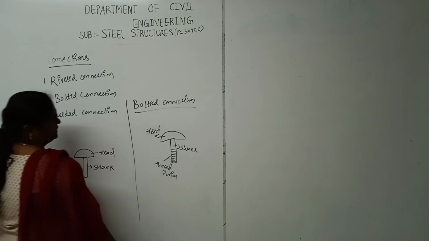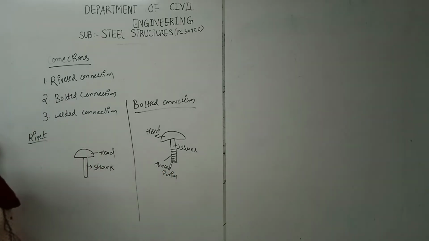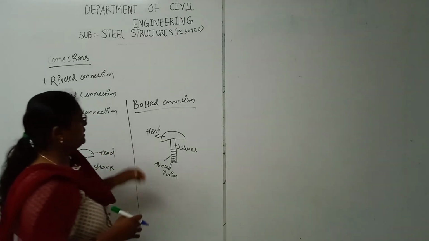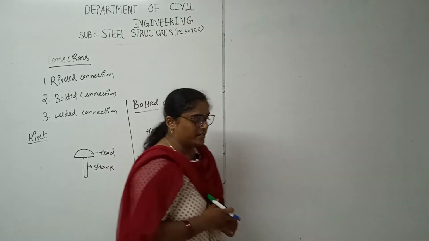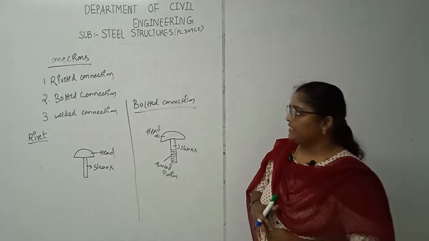The bolt, fully threaded or partly threaded, will be closed by using a nut at the bottom. Thus it can be dismantled easily and transported to one more place. For that purpose only the bolted connection will be taken into consideration.